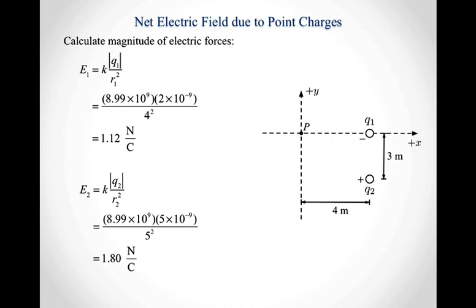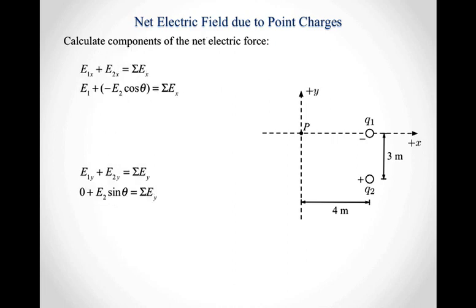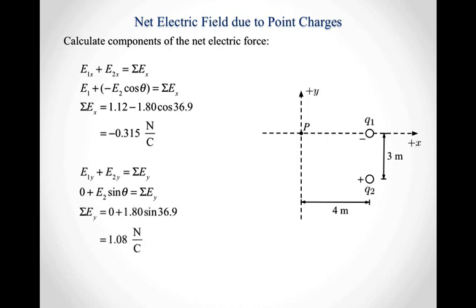So now that I know the two magnitudes for E1 and E2, I can plug those into my two component equations. So plug it into x, solve for the x component of the net electric field. I get negative 0.315 newtons per coulomb. Plug E2, its magnitude, into my y equation, and I get that the y component of the net electric field is 1.08 newtons per coulomb.